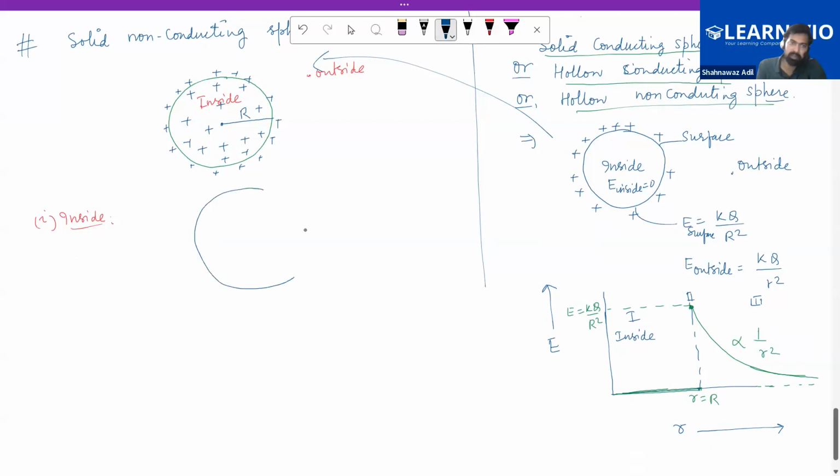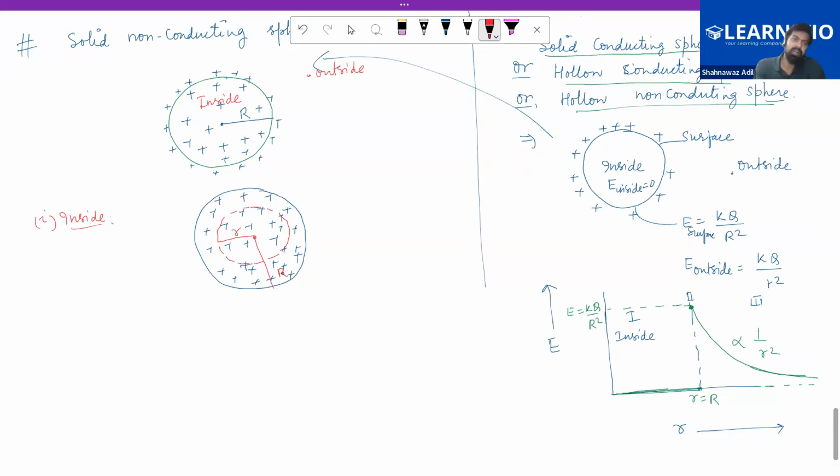This is the whole distribution. Let's say I want to calculate the electric field at this point, so I take a Gaussian surface. The Gaussian surface has this distance r, and this distance is capital R.